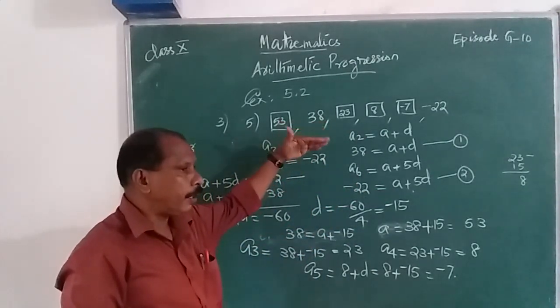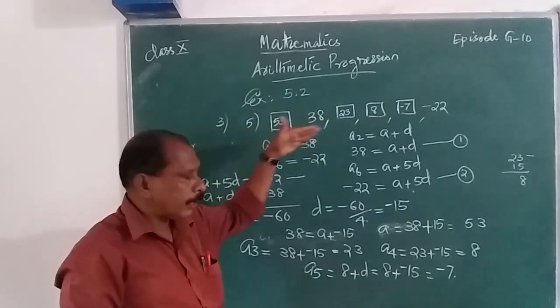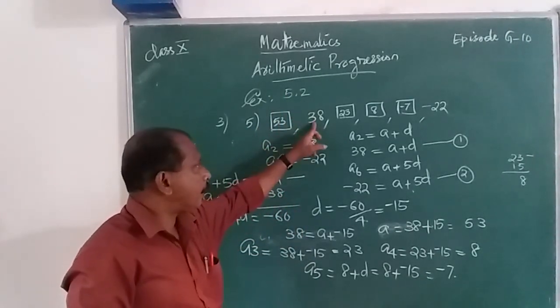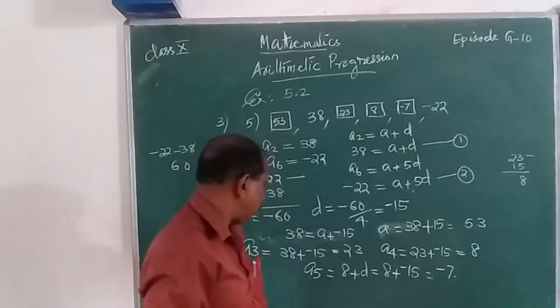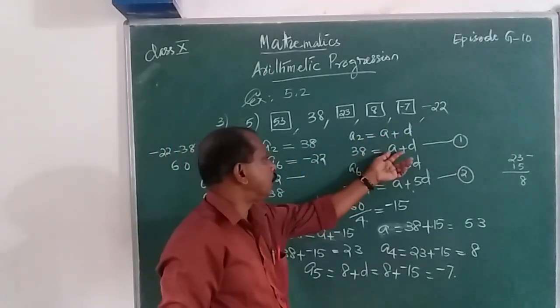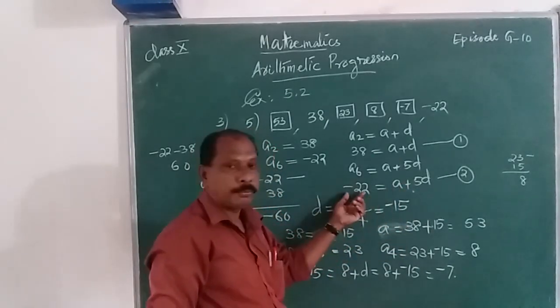Therefore, to fill the blanks or find the missing terms, all the elements are elements of an AP. The second term and the sixth term are given. We can write A plus D is equal to 38 and also A plus 5D is equal to minus 22.